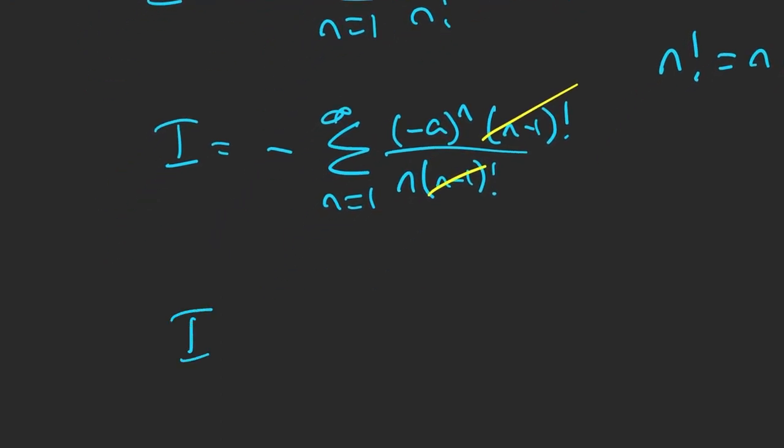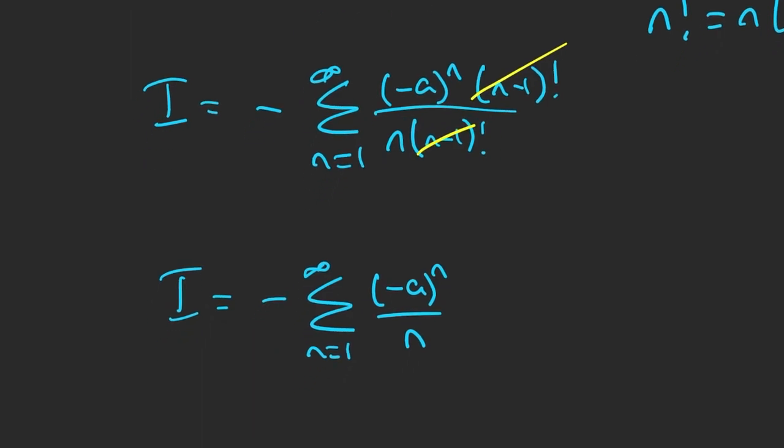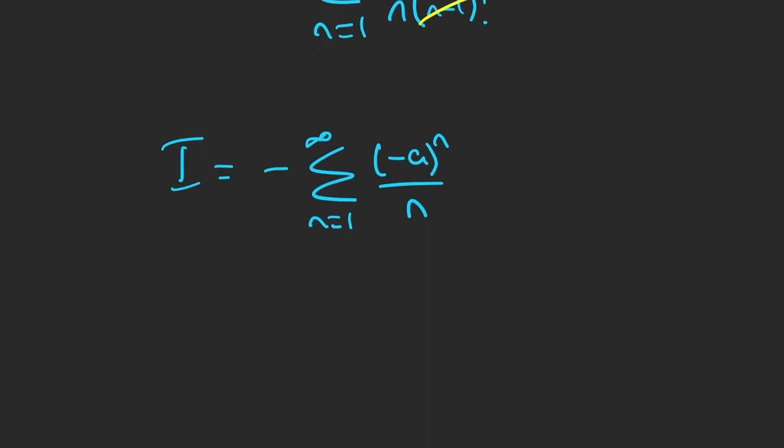And so we've got I being equal to the negative sum from n is 1 to infinity of negative a to the power of n over n. And if you watched the previous video, you know that this looks awfully familiar. This looks like the series expansion for ln of 1 plus x.